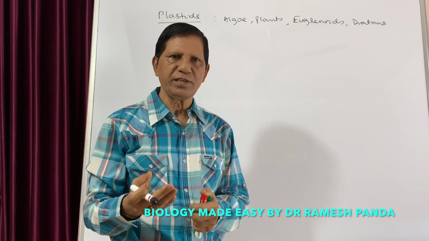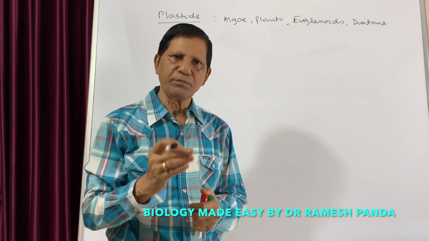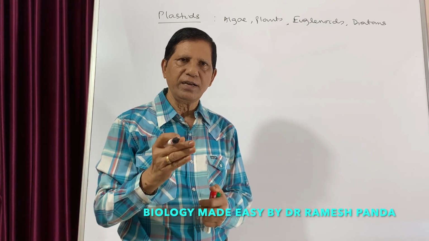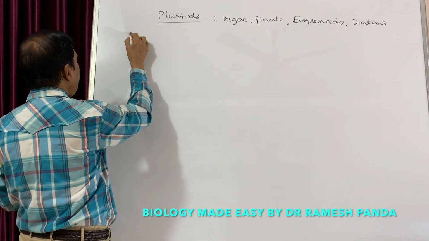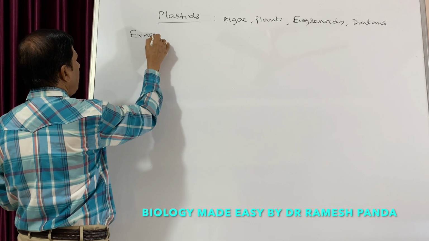In animal cells, the mitochondrion is the largest, but in plants, the chloroplast is the largest organelle. The term was coined and discovered by Ernest Haeckel (1866).